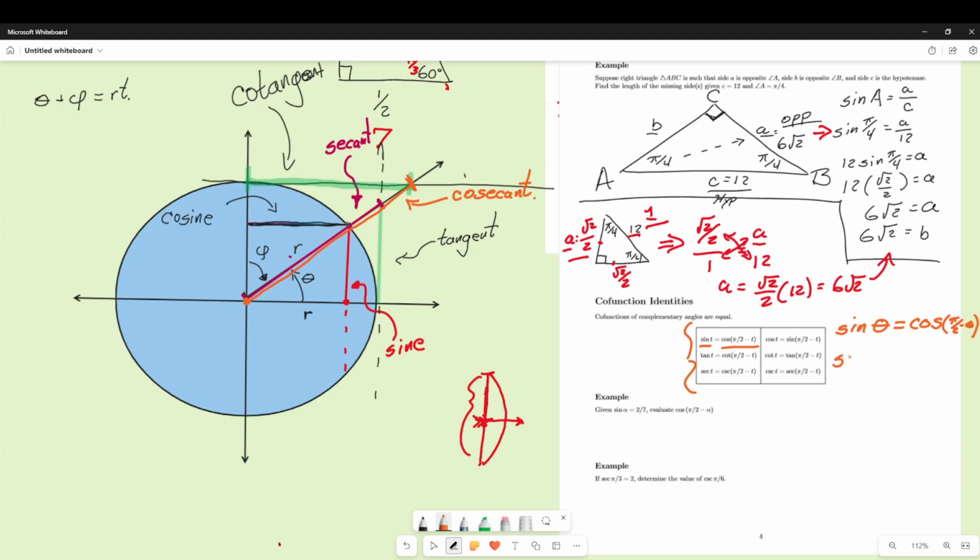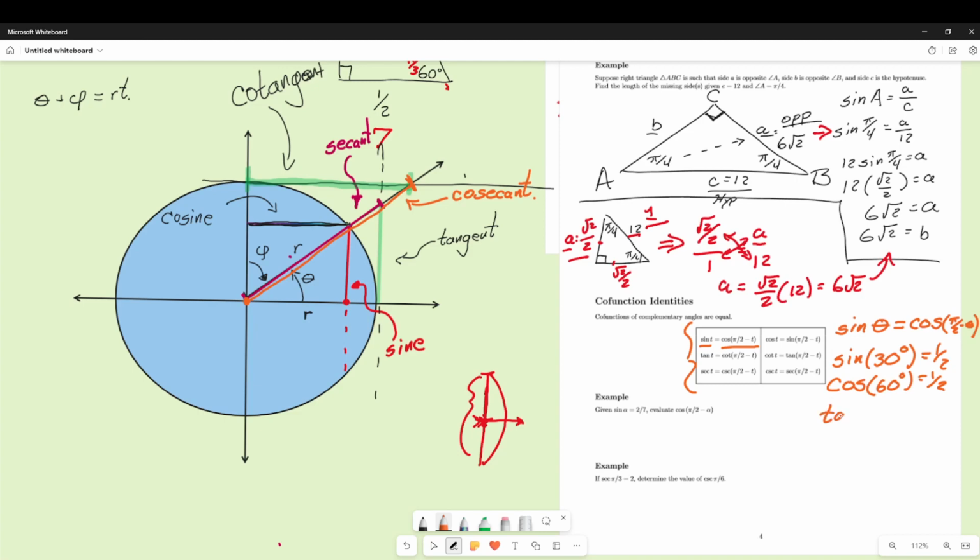So if we know that the sine of, say, 30 degrees is 1/2, that means automatically that the cosine of 30's complement, or 60 degrees, has to match.